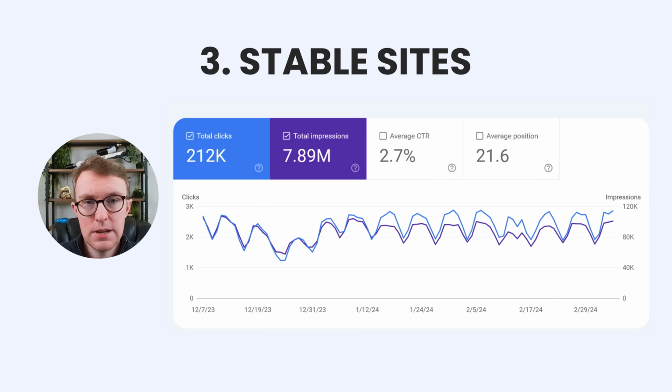So now we have an example of a stable site. And this is a pretty good example. No site is perfectly stable. Even this one, you'll see a few little aberrations here and there when it comes to some of the weekly highs and lows. But this is pretty stable.